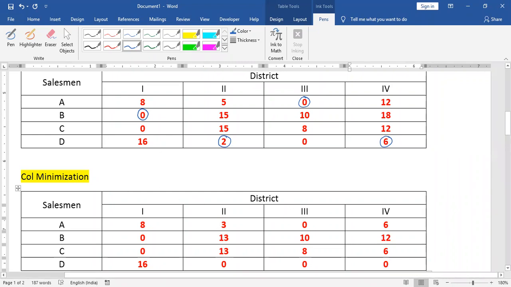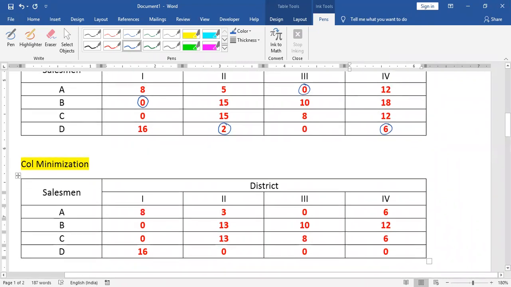And we know that after column minimization, we will draw lines. We will draw the minimum number of lines, and we want to cover all zeros. So I'll draw one line, another line, and one more line is this.